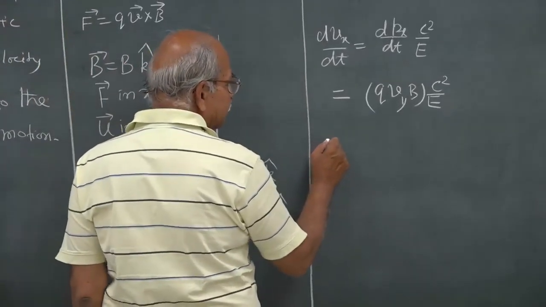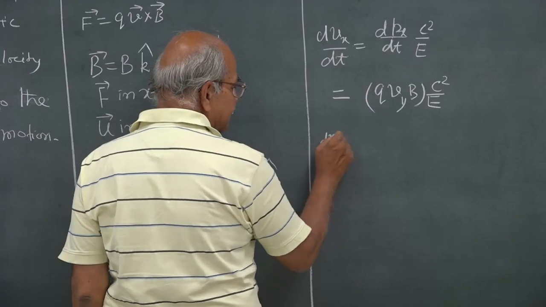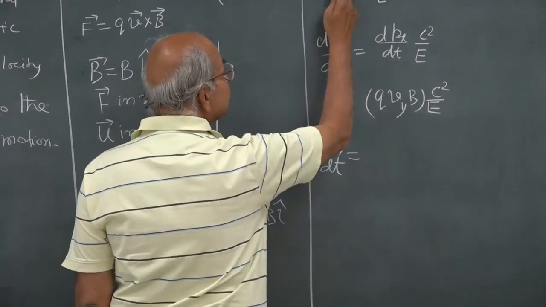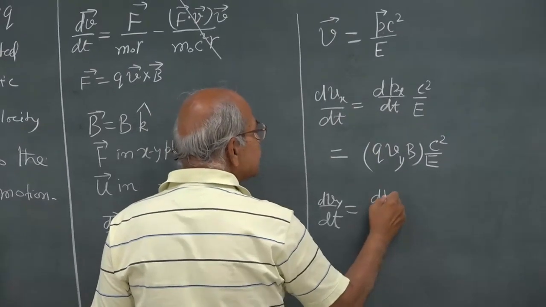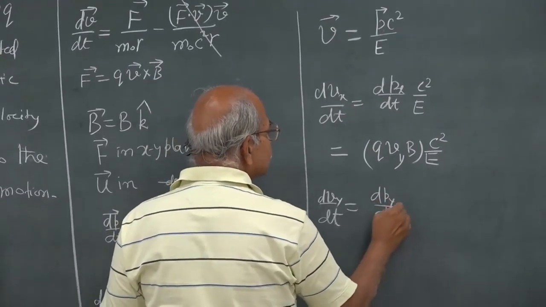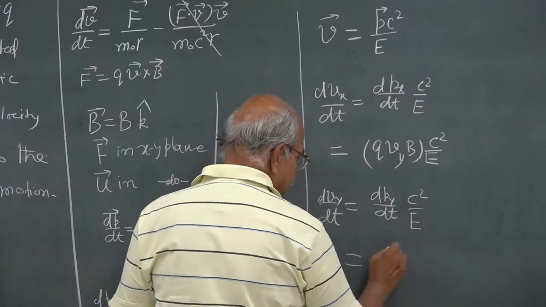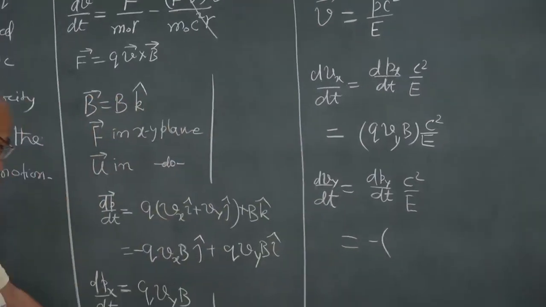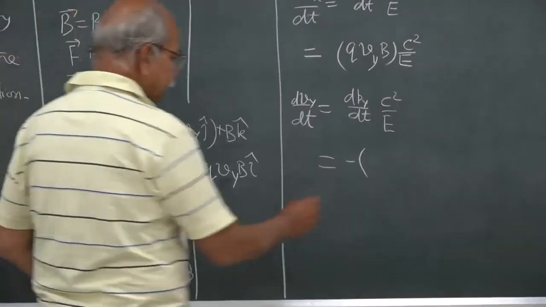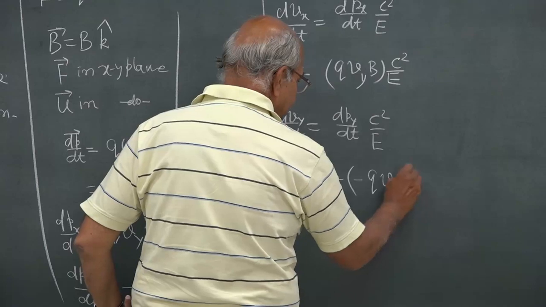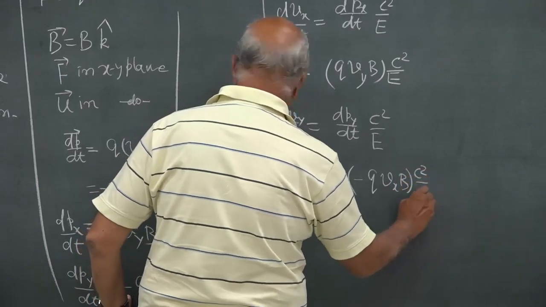Similarly, dVy dt will be dPy dt times c square by E, where dPy dt is minus q Vx B, times c square by E.